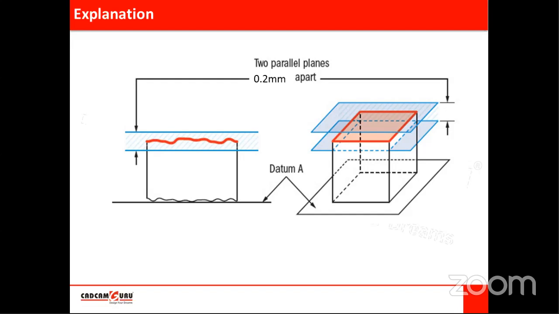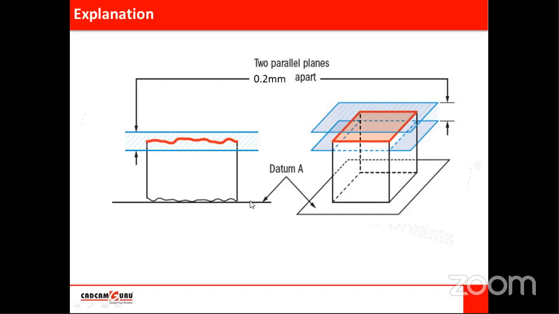In flatness, the waviness or unevenness of a surface should lie within two planes separated by the amount specified in the feature control frame. But here, these planes should be parallel to the datum. If this datum has some angle, then these planes will be parallel to that also. We are not expecting it to be horizontal or at some specific angle. It should be parallel to the datum.